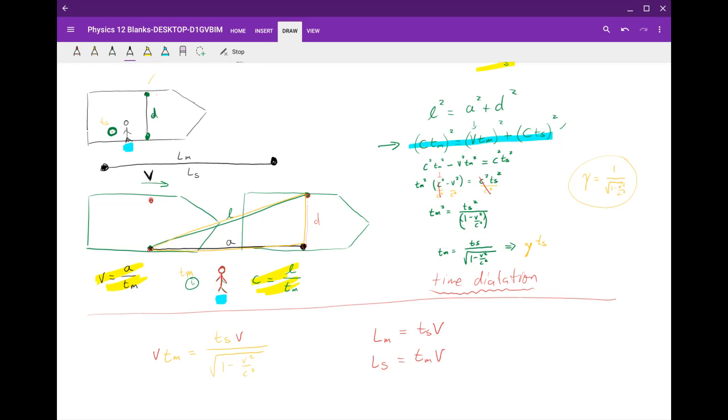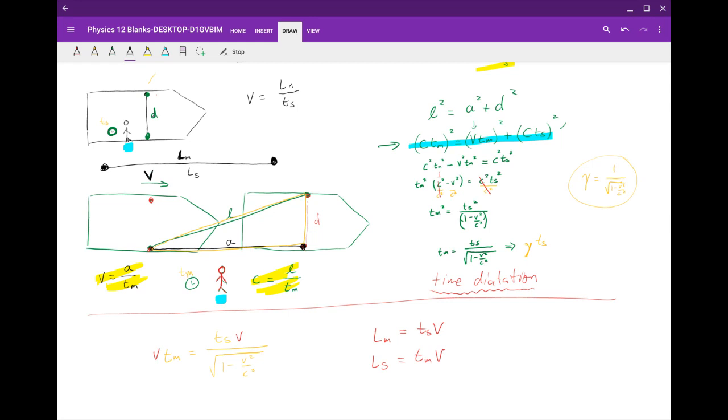So basically, what's going to end up happening here is this guy, he's going to figure out, well, how far did I move? Well, it's dependent on the velocity that I have right now, and that is how far I moved, which is some length, which happens to be moving from my vantage point, based on the amount of time that elapsed on my clock in here, which is TS, okay? Now, this guy is saying, all right, well, the distance that the ship moved is LS here, and it's based on how fast the ship is going.